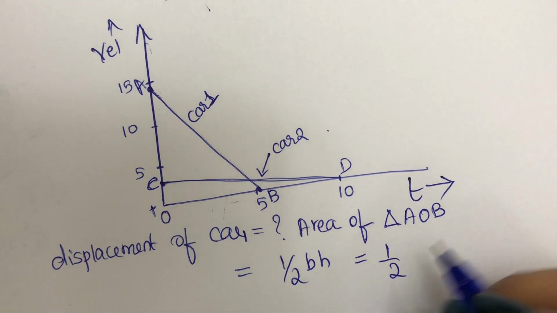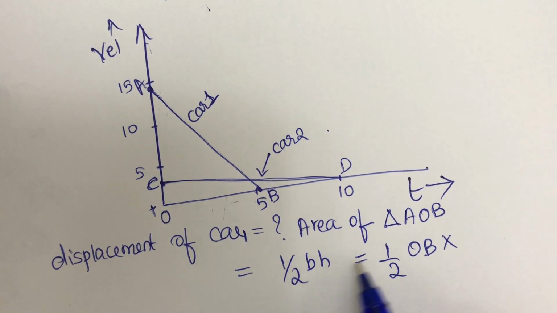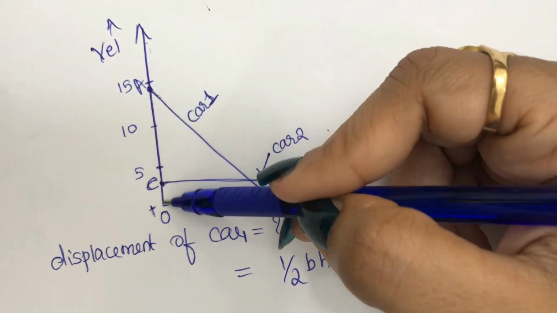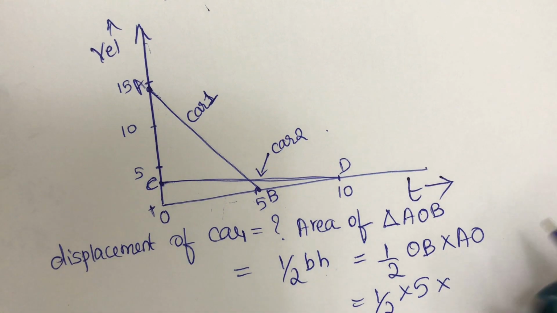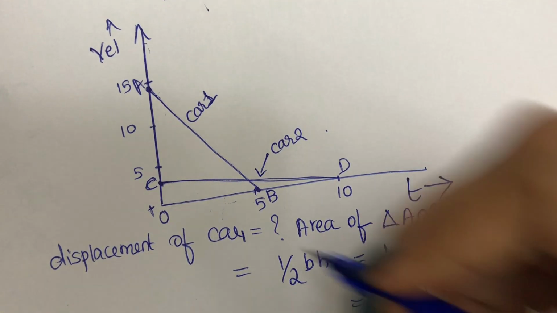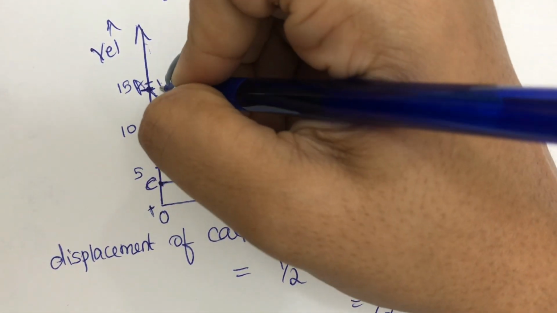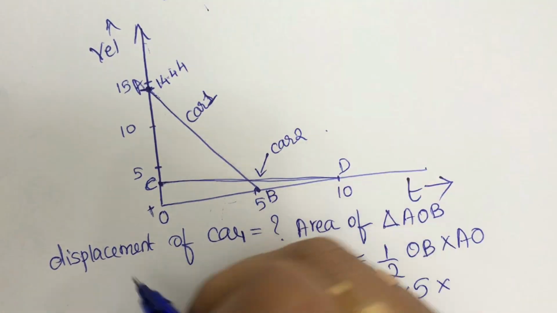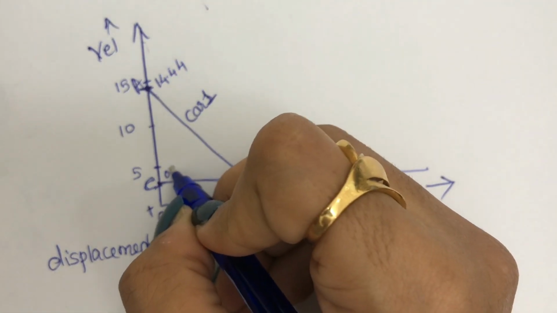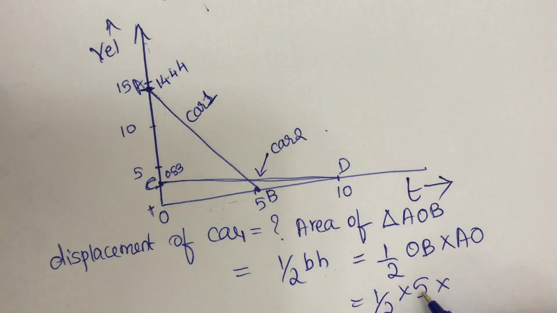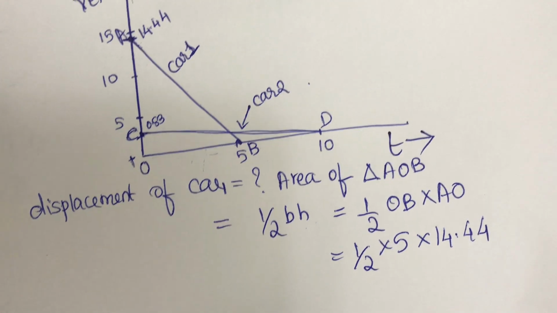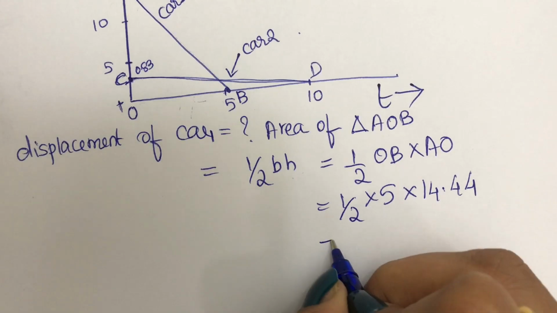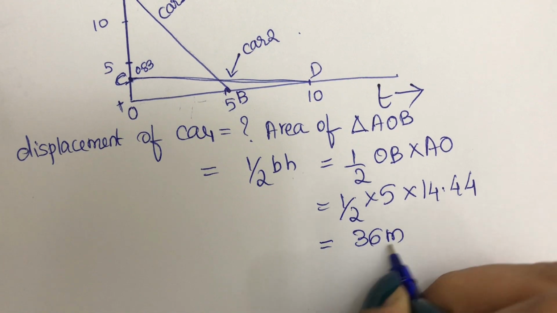The base is OB, and the height is AO. So it will be half, OB is 5, and the height is 14.44. So 5 into 14.44 halved, we will get 36 meter.